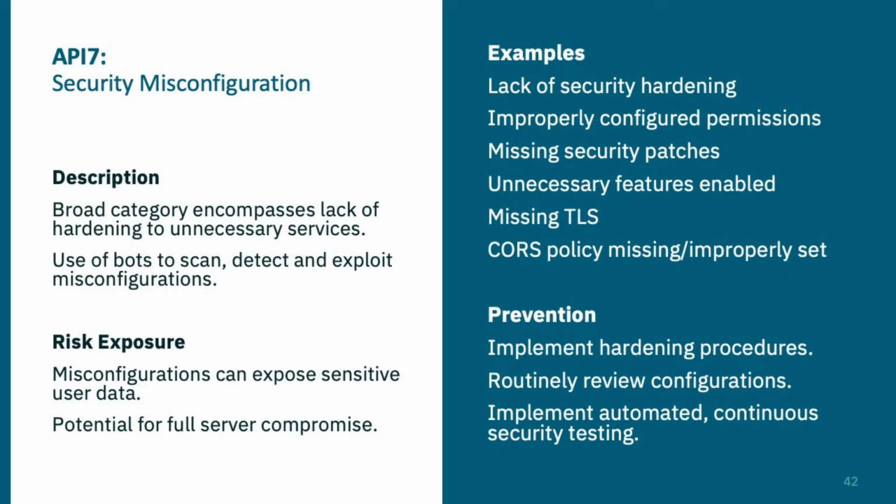No need to have SFTP enabled on a server if that's not a requirement for the application to run. Missing encryption, transport layer security, CORS, cross-origin resource sharing. You want to make sure that your APIs can only be accessed by properly identified and approved sources. So if you've got missing CORS policies, that's another potential source of a vulnerability.